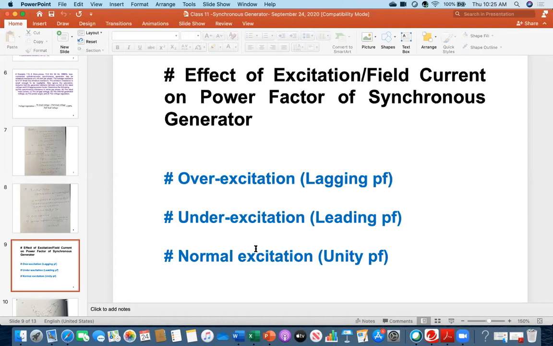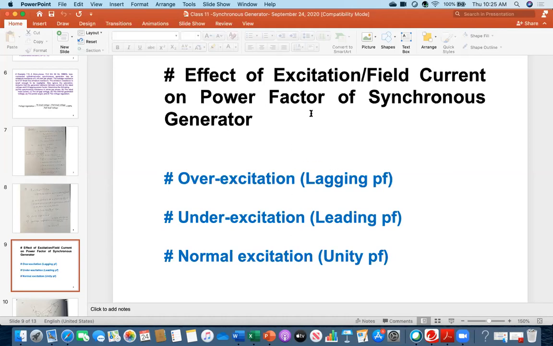For example, I have written down the conclusion: over excitation, lagging power factor; under excitation, leading power factor; normal excitation, unity power factor. Soon I will explain what this means. You have to understand the meaning of this.